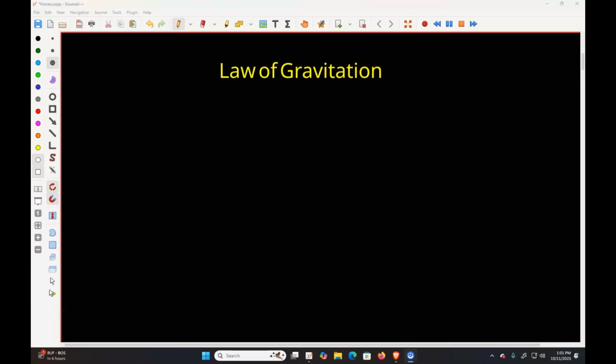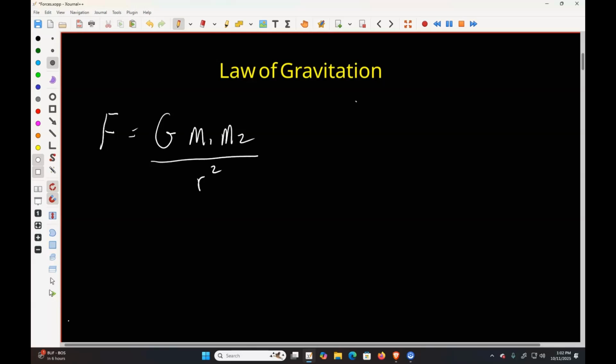It says that the gravitational force is equal to G m1 m2 divided by r squared, where G is the gravitational constant, equal to 6.67 times 10 to the negative 11th power.